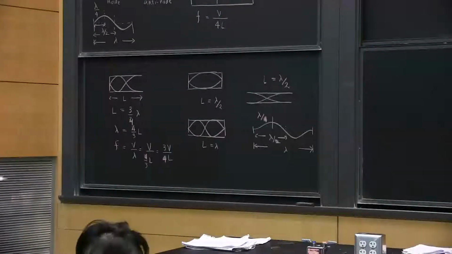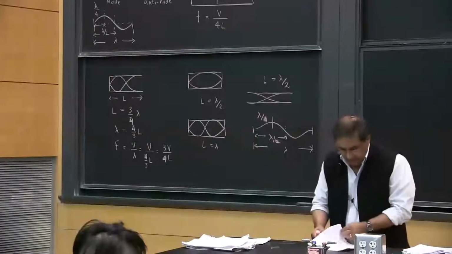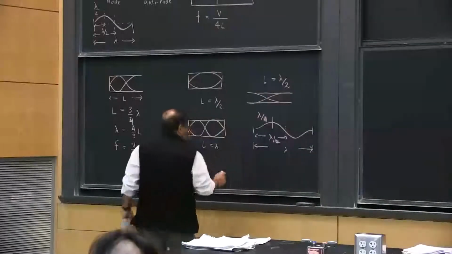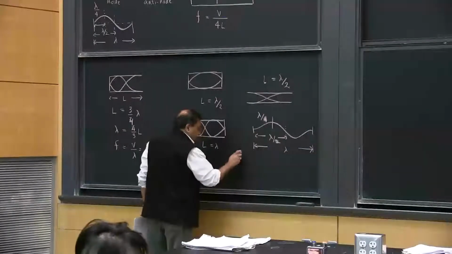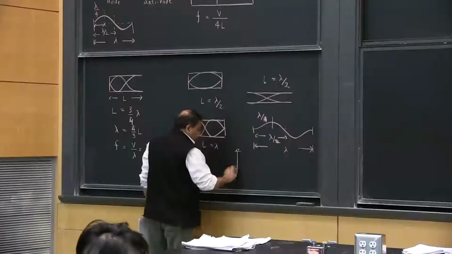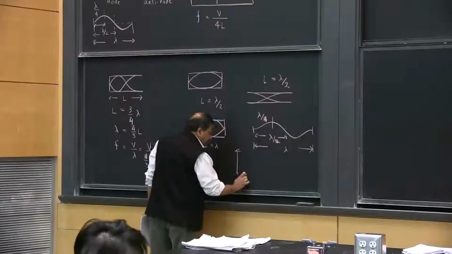All right, good. So anyway, I just want to make sure that you guys feel comfortable because these are very simple things. The other thing that some of you were asking me questions about yesterday is if you have a string like this. Let's say the string itself is massless, but the mass of the string is effectively replaced by putting in a mass here.